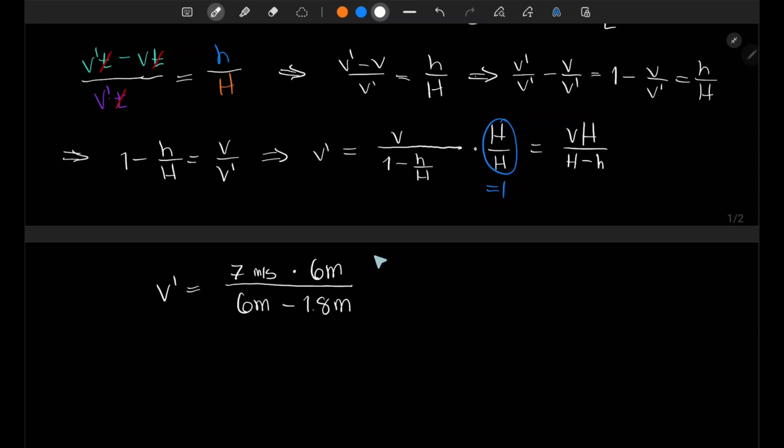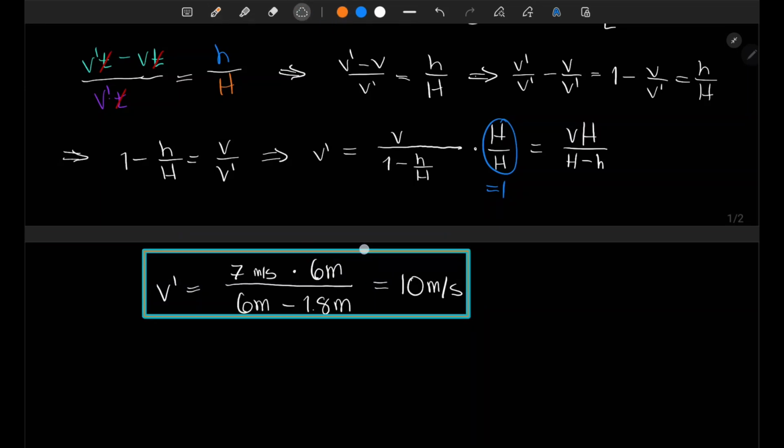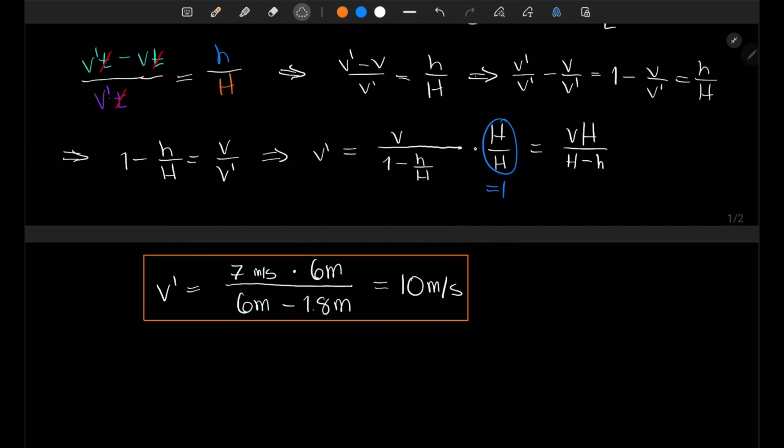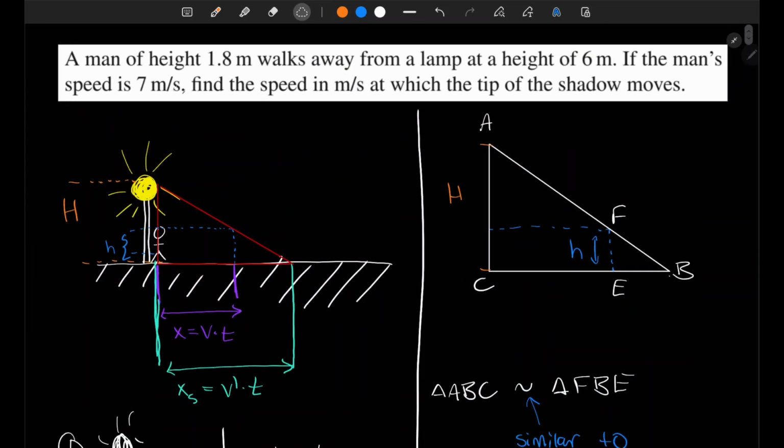If you plug that into your calculator, what you get is 10 meters per second. So this velocity, 10 meters per second, is the velocity of the man's shadow. So 10 meters per second is in fact larger than the 7 that he's moving with.